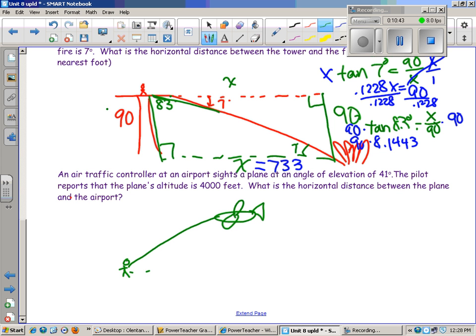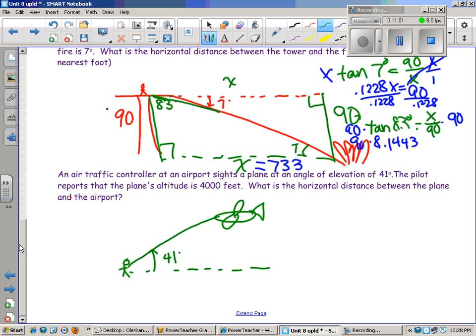So here's the horizontal, okay? So it goes up from horizontal because it's an angle of elevation, and it's 41 degrees according to the problem, okay? The pilot reports the plane's altitude is 4,000 feet.